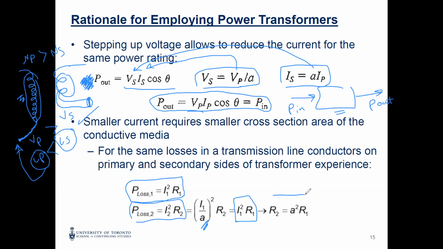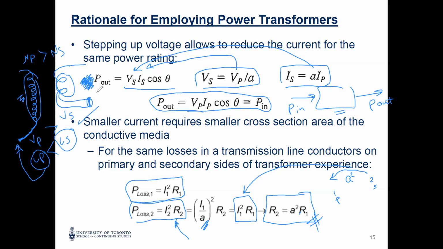You will find the same result that we got for the referring, going from 2 or secondary to 1 or primary: you have to multiply your resistance by a squared, the turns ratio squared. Which means that the losses in the primary equal the losses in the secondary.